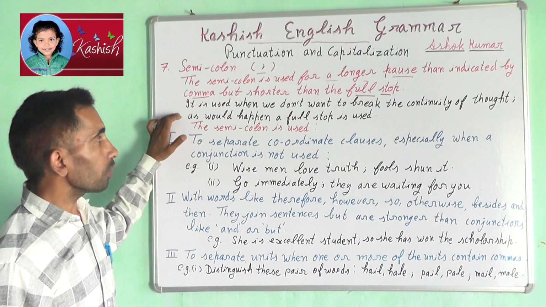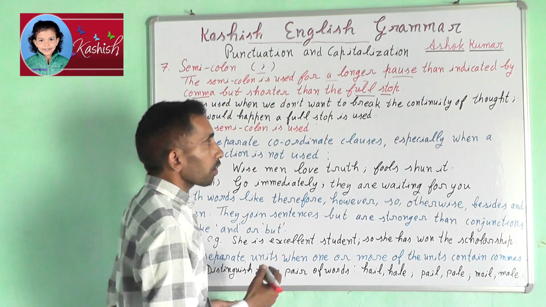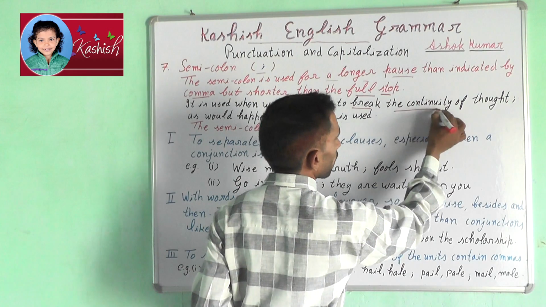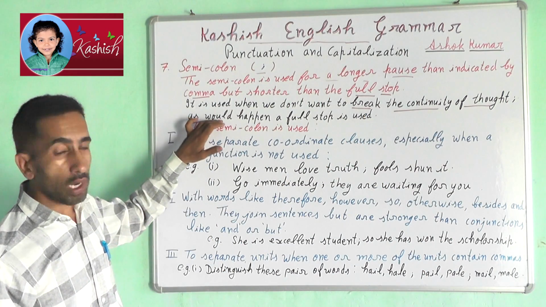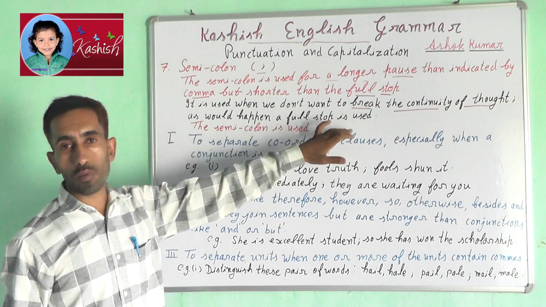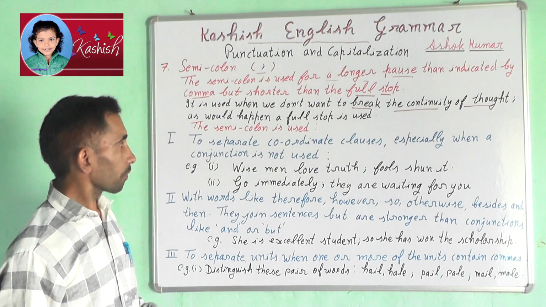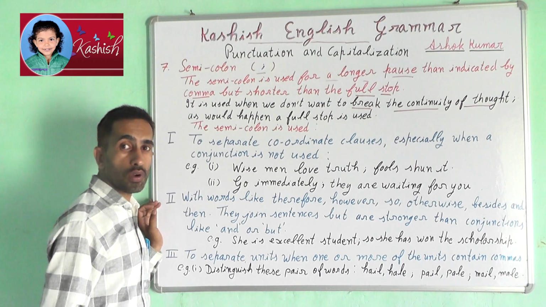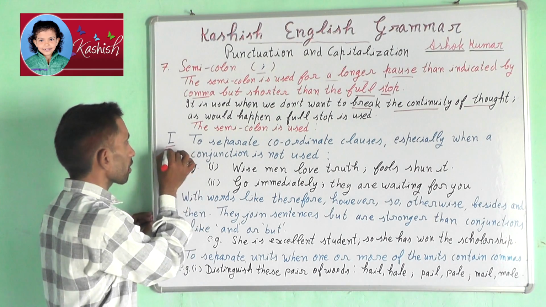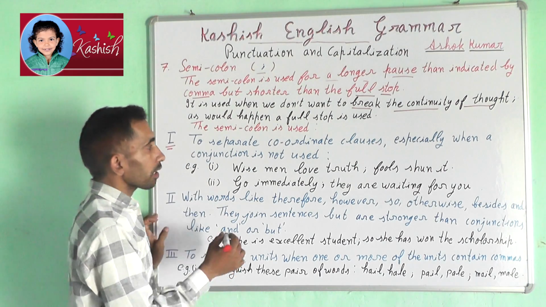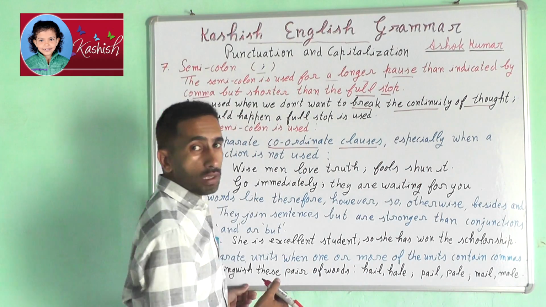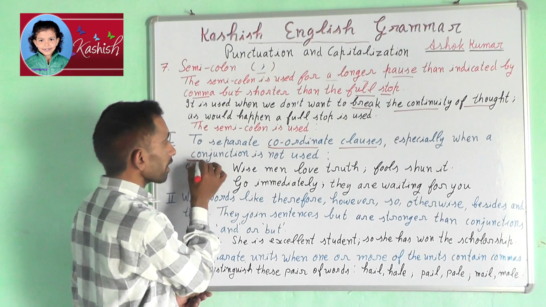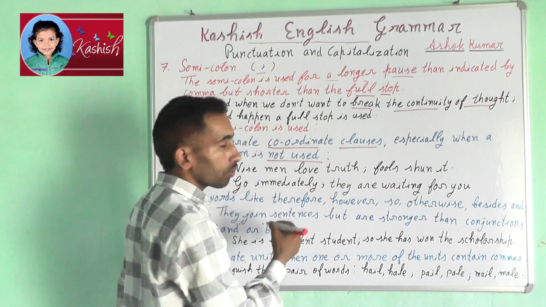It is used where we don't want to break the continuity of thought, as would happen if a full stop is used. The semicolon is used first to separate coordinate clauses, especially when a conjunction is not used.